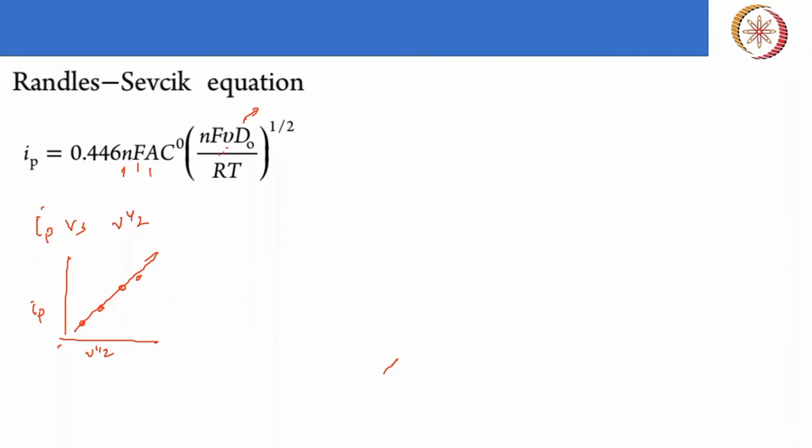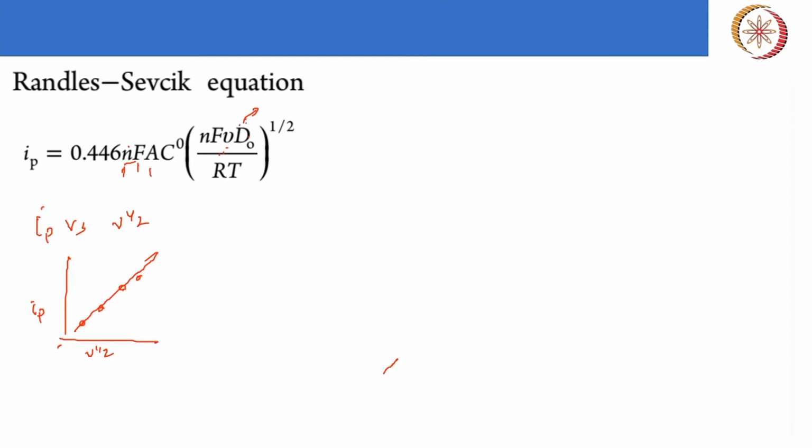You can also get the number of electrons of your redox process. If you know the other parameters, the Faraday constant, the area of your electrode, and the bulk concentration of your analyte, then if you know the diffusion coefficient or n, you can get the other key parameter.